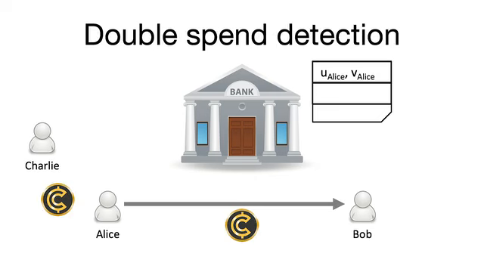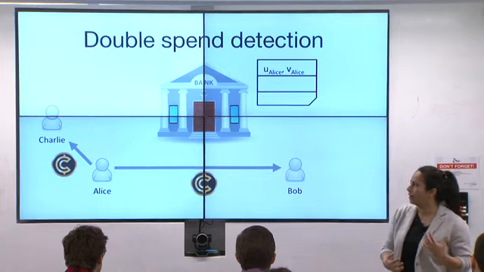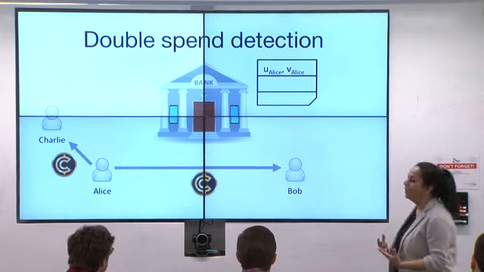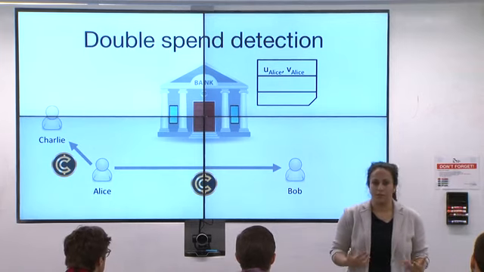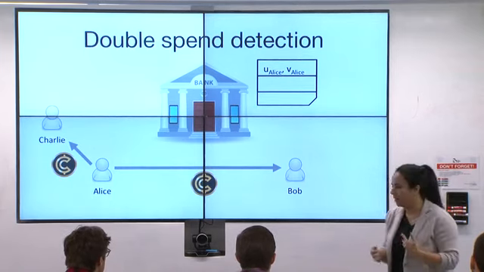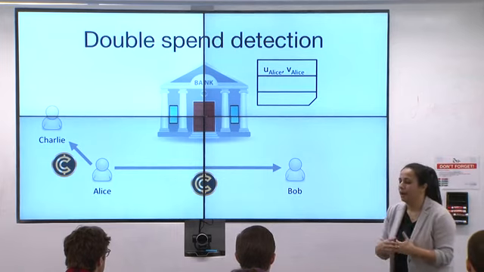Now, okay, but what about Alice could give a version of that to Bob? Alice could also give a version of that to Charlie. And how are Charlie and Bob supposed to know whose coin is correct? Because remember, we wanted to try to get the bank out of the way when doing this.